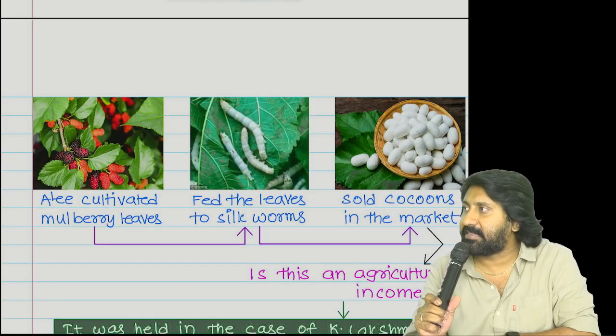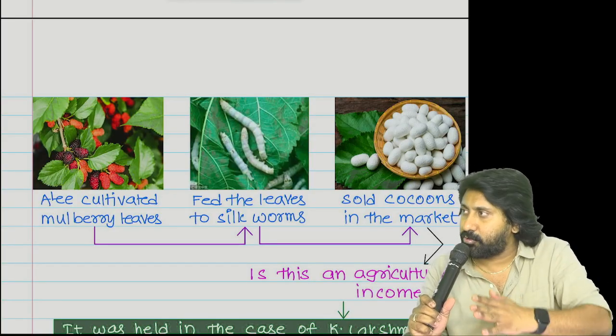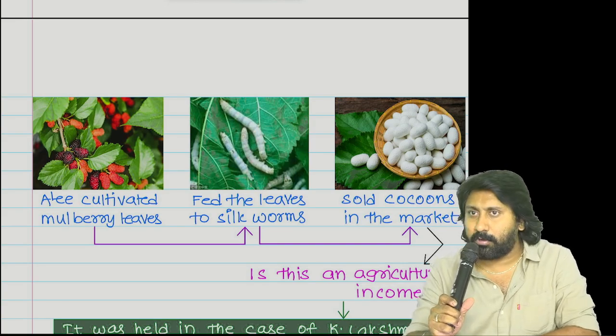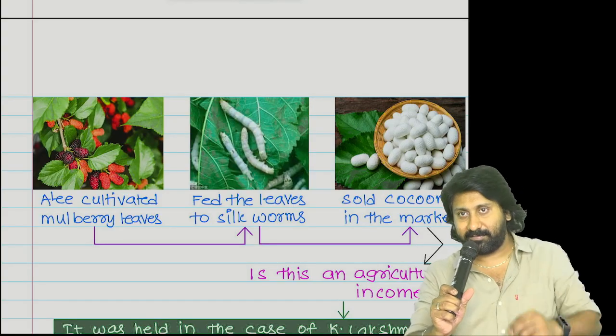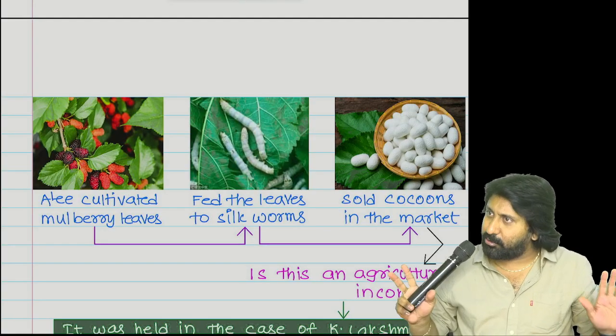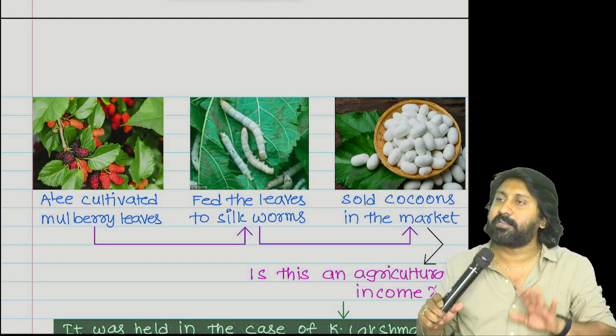The matter went to CIT Madras. He gave judgment against Mr. Lakshmanan. He said, no, I will go to the Supreme Court and there I will lose. He went. The matter went to the Supreme Court. The Supreme Court listened to both persons patiently. It said, what is your problem?